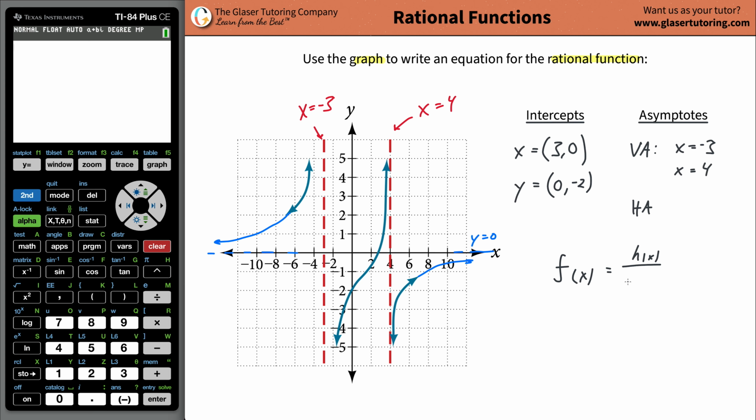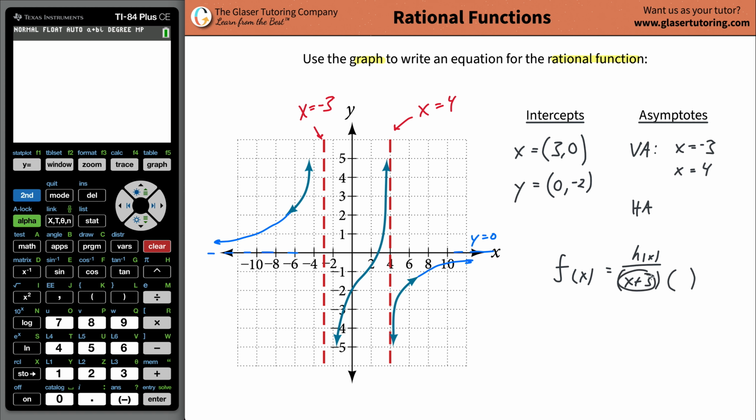I'm focused on what factors I can write in here. What two expressions can I write such that if I were to plug in -3 for x, it causes it to go to 0? Well, what happens if I wrote x plus 3? We saw from the graph that x cannot be -3, and if I plug in -3 here, I get a result of 0.